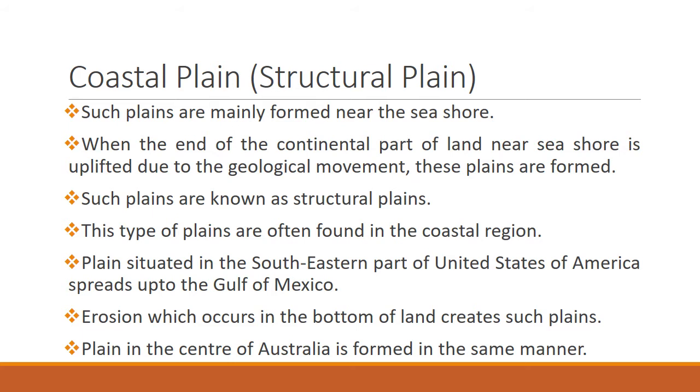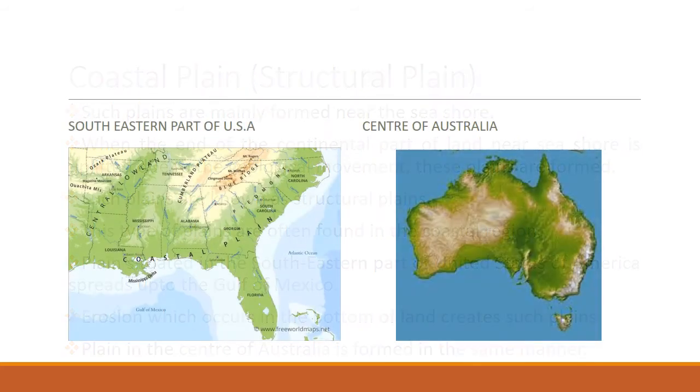Let me show you how they actually look. Here you can see the maps of the southeastern part of USA. We can see the green region, that is actually the coastal plain, and in the center of Australia, even there you can see the green part. It has been uplifted due to geological movements.